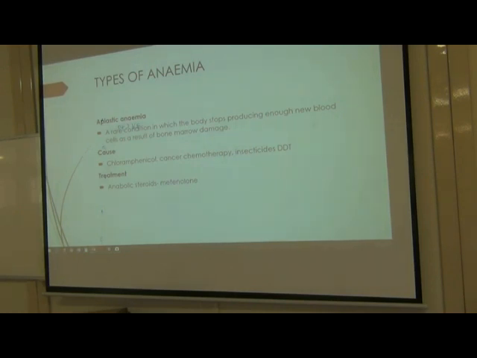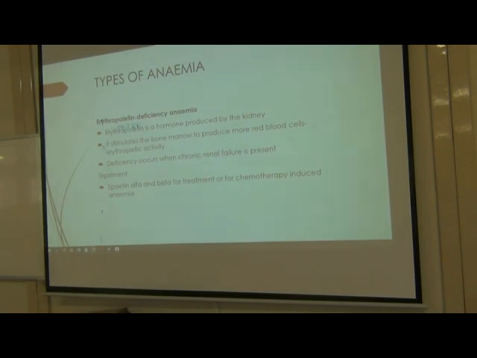So it stops producing enough new blood cells because the bone marrow is damaged. The bone marrow may be damaged as a result of drug therapy, like in cancer chemotherapy, some insecticides, and even chloramphenicol. For the treatment of aplastic anemia, we use anabolic steroids.